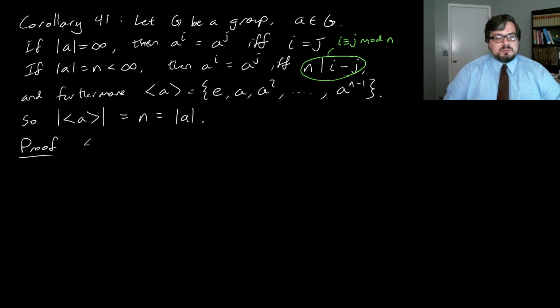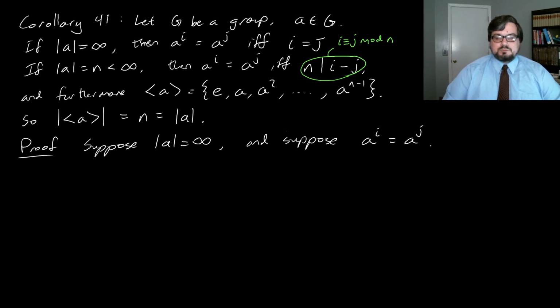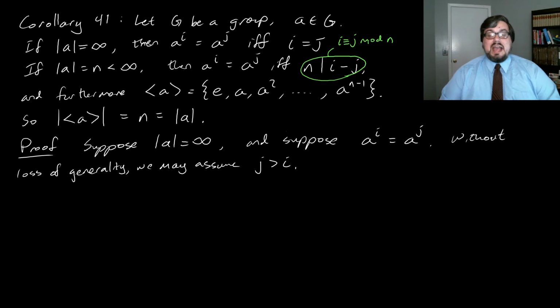So let's suppose the order of A is infinite, and suppose A to the I equals A to the J. Without loss of generality, we may assume that J is greater than I. We haven't made any sort of statements yet about J or I. We haven't distinguished them at all, and so we can just go ahead and assume that J is greater than or equal to I, I should say.